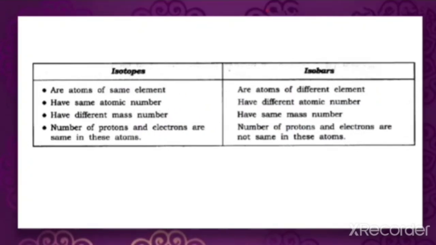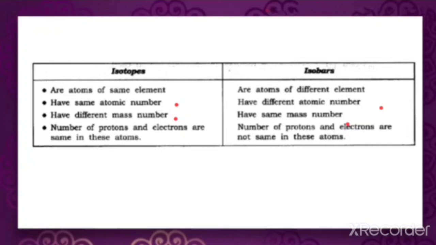In isotopes, the atomic number is the same but the mass number is different. In isobars, the mass number is the same, whereas in isotopes the mass number differs. So comparing these two tables, here the atomic number is the same, here it is different. Here the mass number is different, but here the mass number is the same.